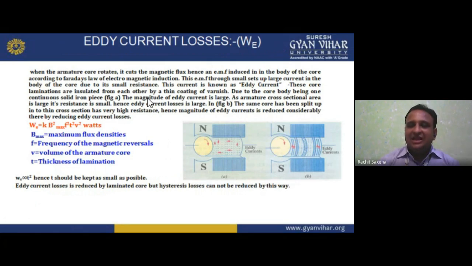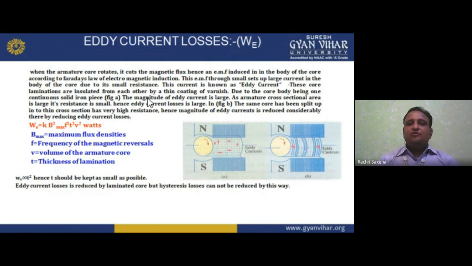Hence an EMF is induced in the body of the core, according to Faraday's law of electromagnetic induction, that we know, our generator principle.